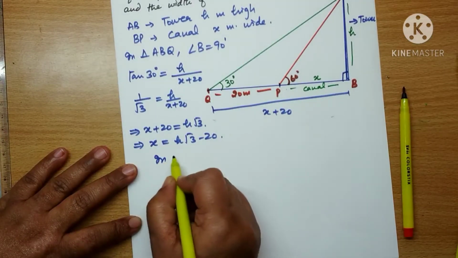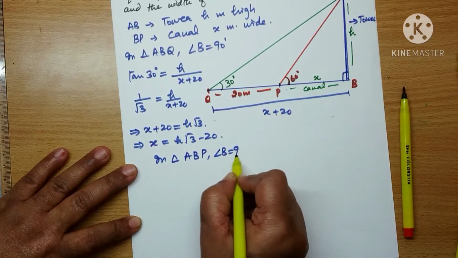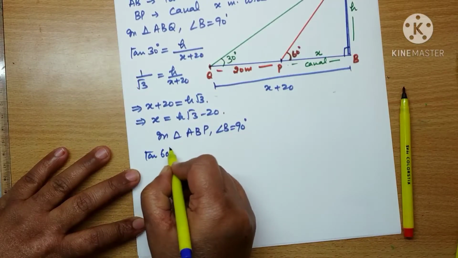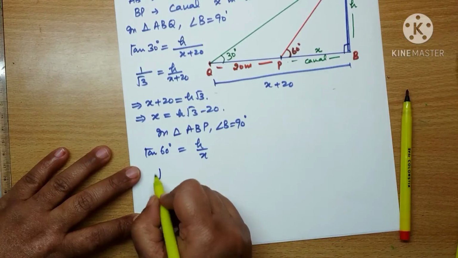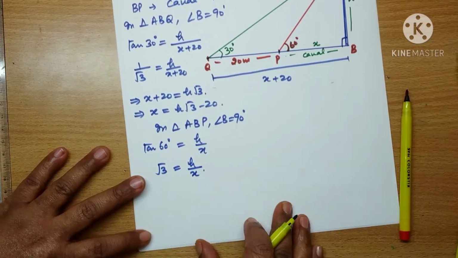Now in triangle ABP, angle B is 90. So we have tan 60 is H upon X, perpendicular by base. Tan 60 is root 3, equal to H upon X, right?